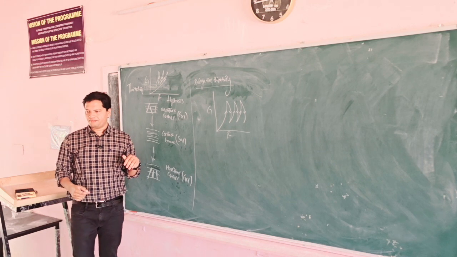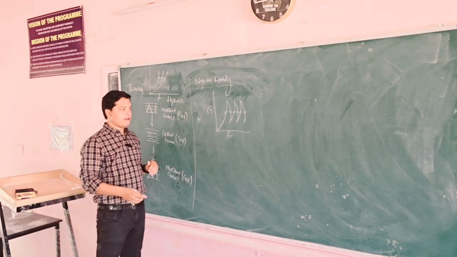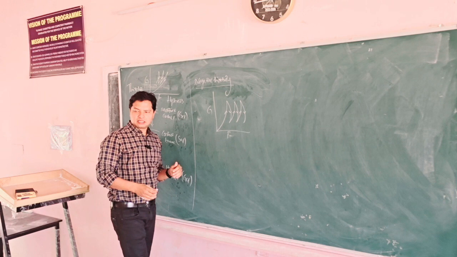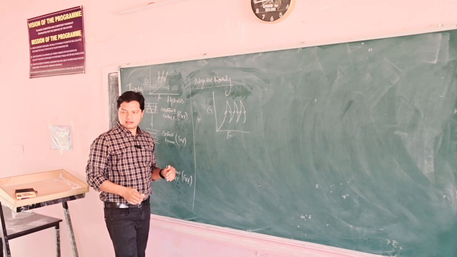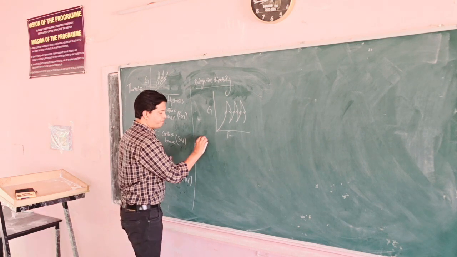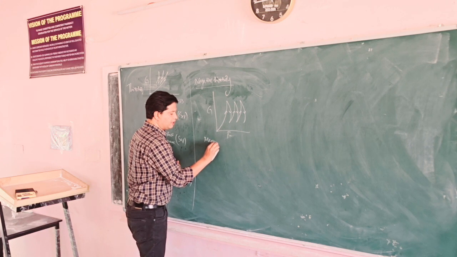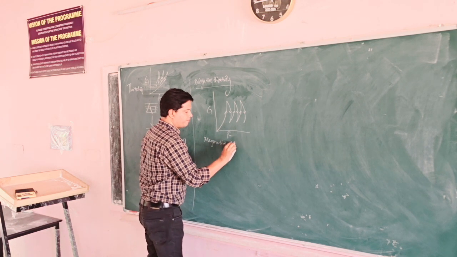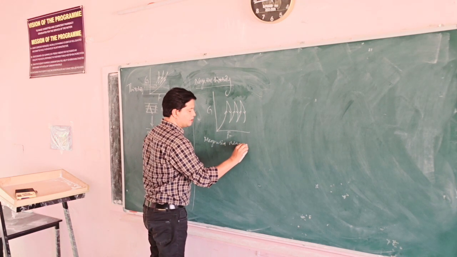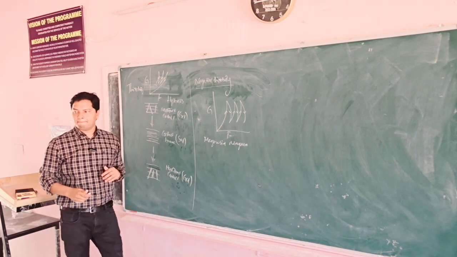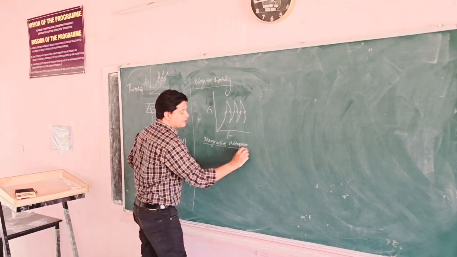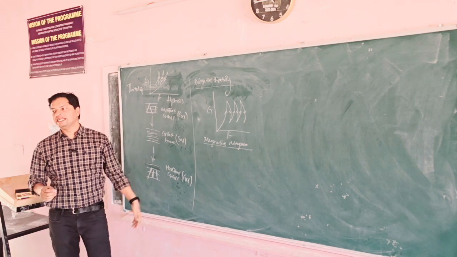Magma, bentonite, magnesia magma. How much percent? Not given. Okay. Magnesia magma. So what is there? Why is it gaining consistency?